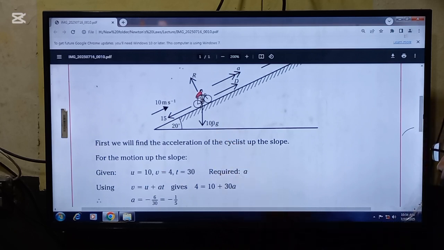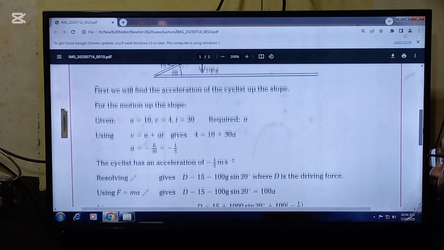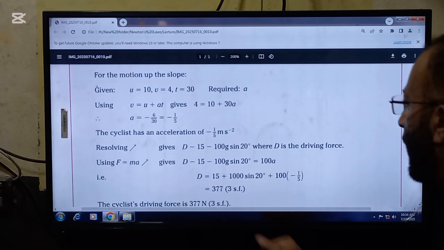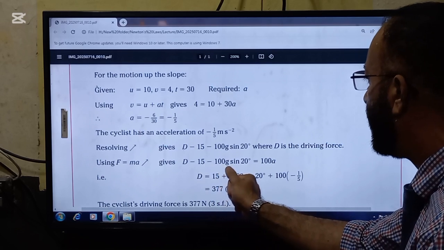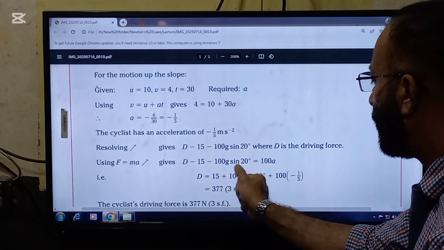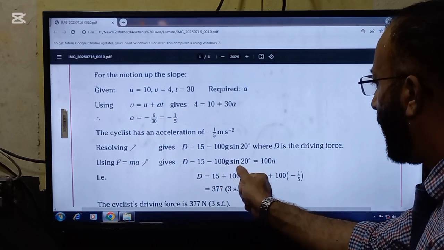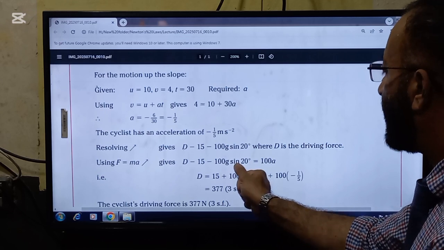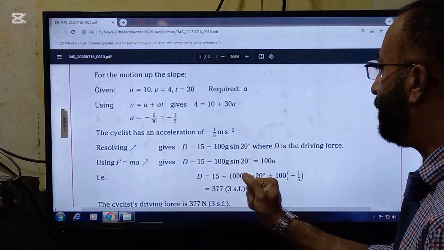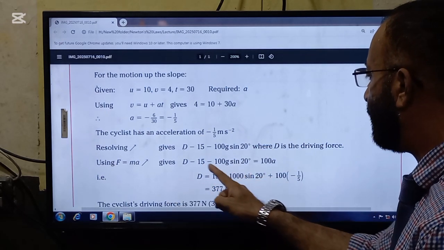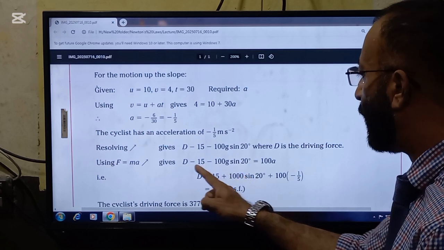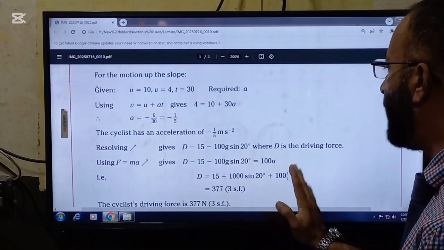M is 100 kilogram. So look now, D minus 15 minus 100 G sine theta. This is the component of the force that is parallel to the plane. So these two factors will be subtracted from the driving force, equal to MA.